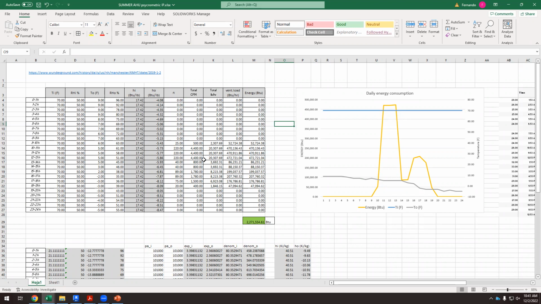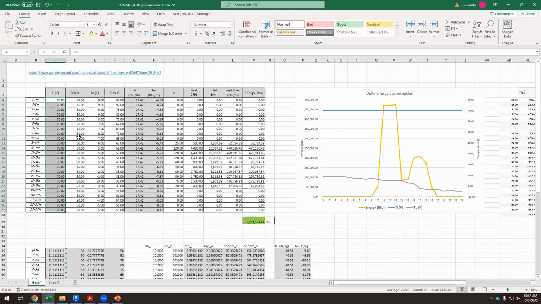Heat recovery. Yeah, but before dealing with heat recovery, do you have to change anything here in these columns? The indoor temperature, do you have to change the indoor temperature? Okay, for the storage.